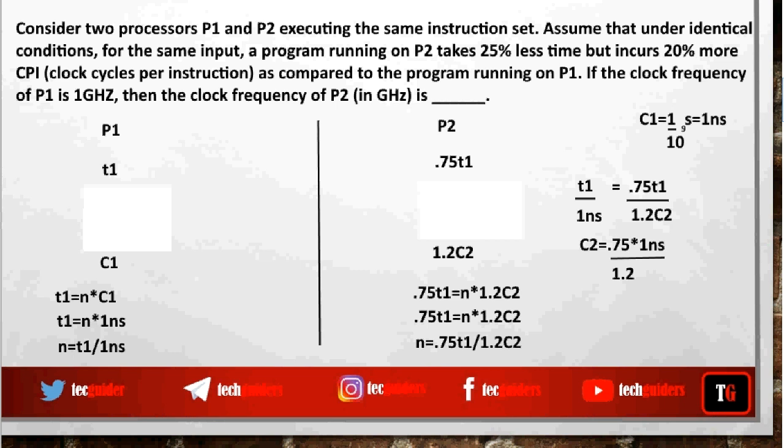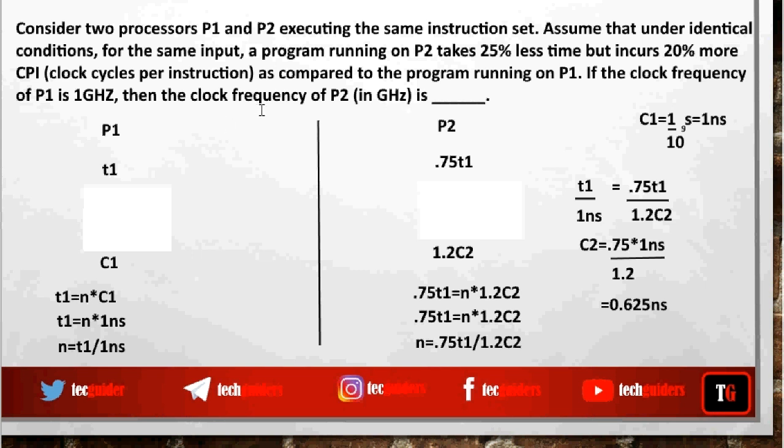It is 0.75 into 1 nanosecond divided by 1.2, which is equal to 0.625 nanoseconds. The clock time period for processor P2 is lesser than for processor P1. Here we are processing one instruction in 1.2 into 0.625 nanosecond, which is 0.75 nanosecond, and here we are processing each instruction in 1 nanosecond.